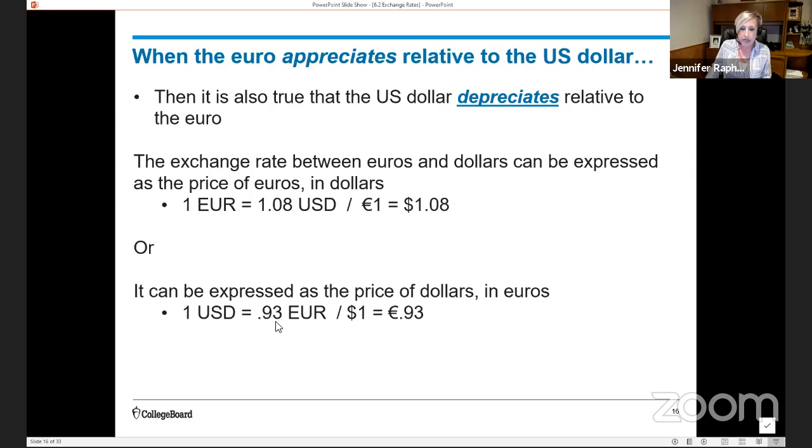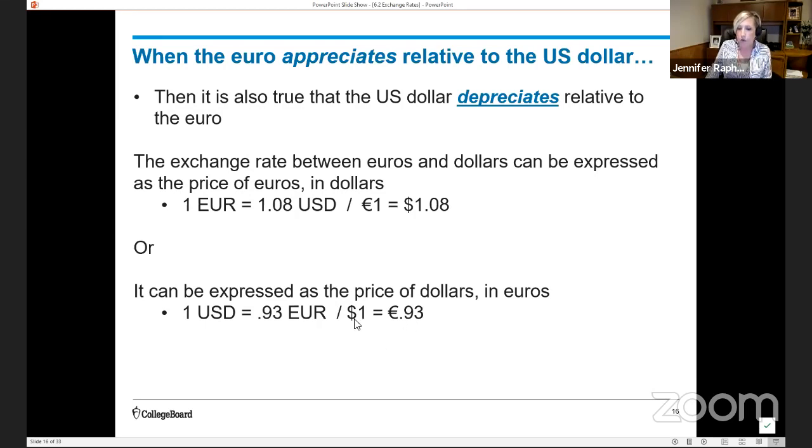So in this case, the math is roughly 1 US dollar equals 0.93 euro, right? Okay, so when 1 euro equals $1.08, $1 equals 0.93 euro. These are both true at the same time. It's just a different way of expressing the exchange rate, right? This is dollars per 1 euro.